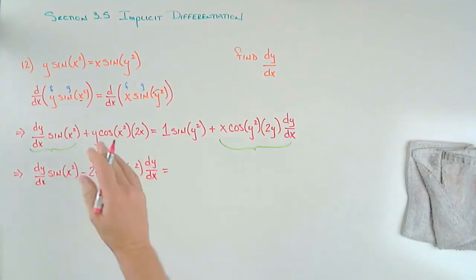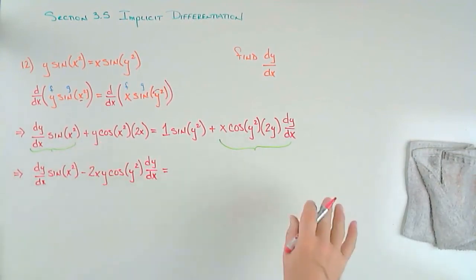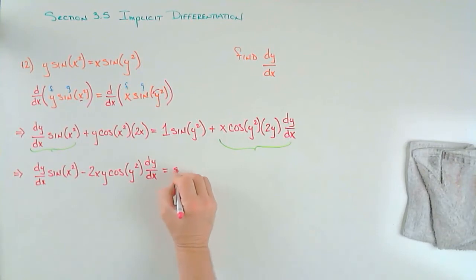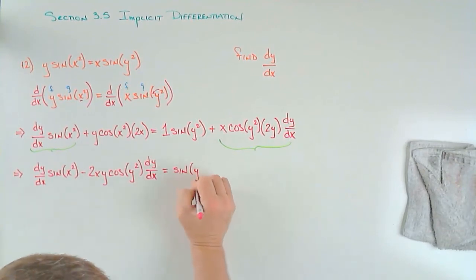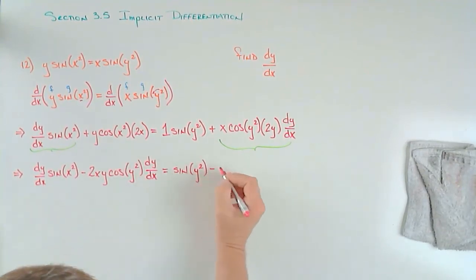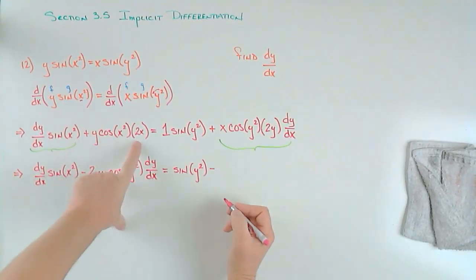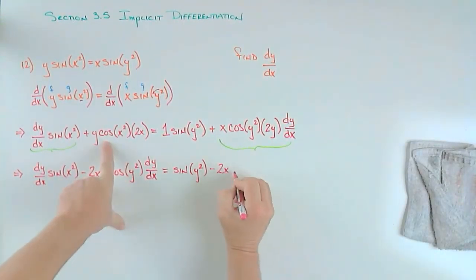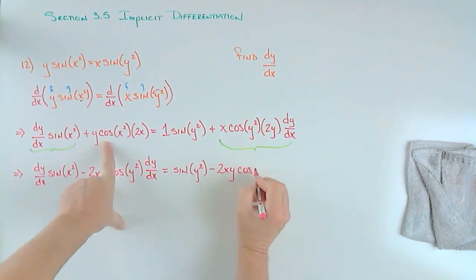equals. Now we got to get all the terms without a dy dx to the other side. We have one here, sine of y squared, minus, because we're moving this term across, 2xy cosine of x squared.